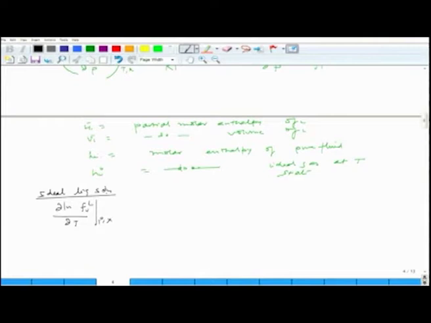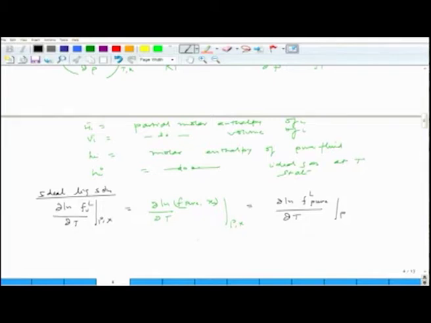Since this is an ideal solution, I can replace f_i^L as f pure multiplied by xi, and since this differentiation is with respect to T, keeping P and x constant, essentially I can write this as d ln f^L pure over dT at P.